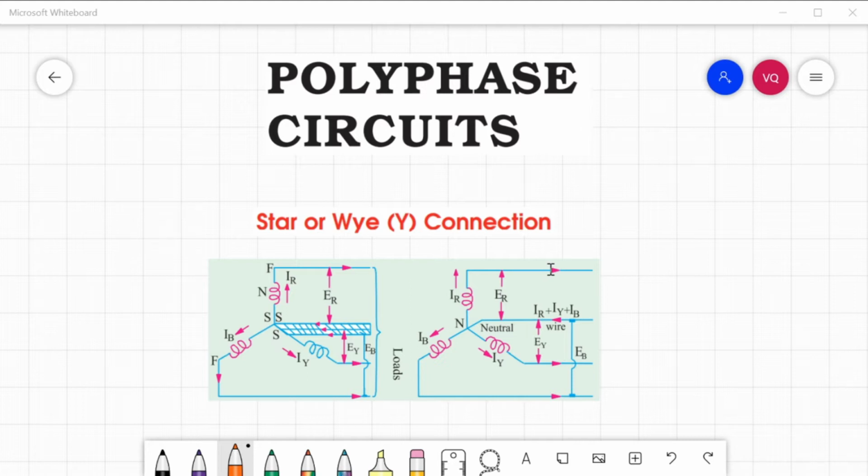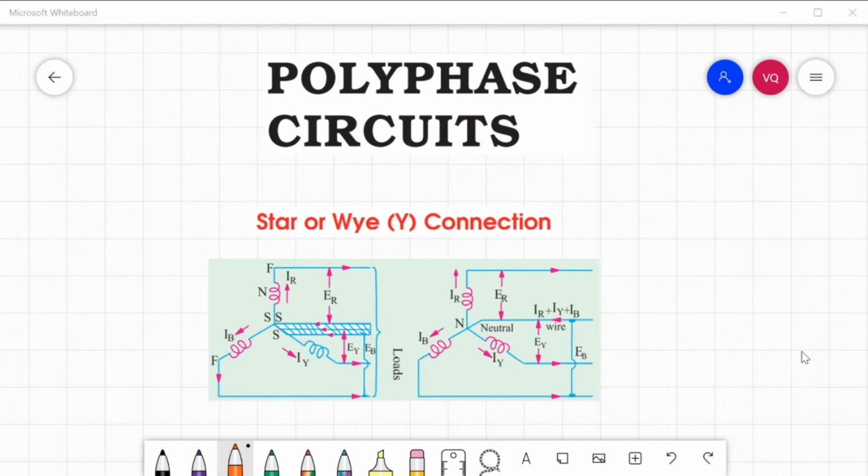So for line ER, this one, it has a current which is the phase current IR, line EB which has a phase current of IB, and also EY has a phase current of IY. If we are going to add vectorially all of these currents, it will result to 0 because they are balanced.